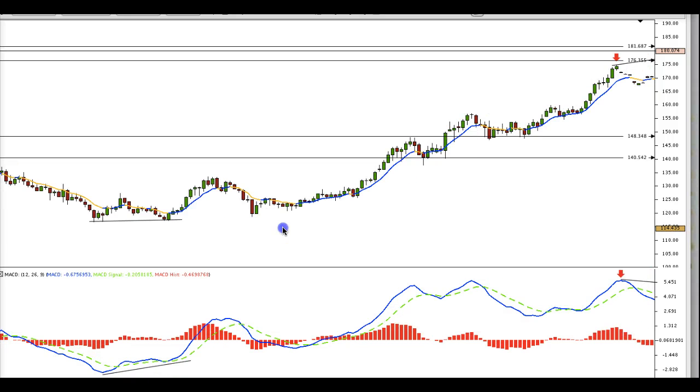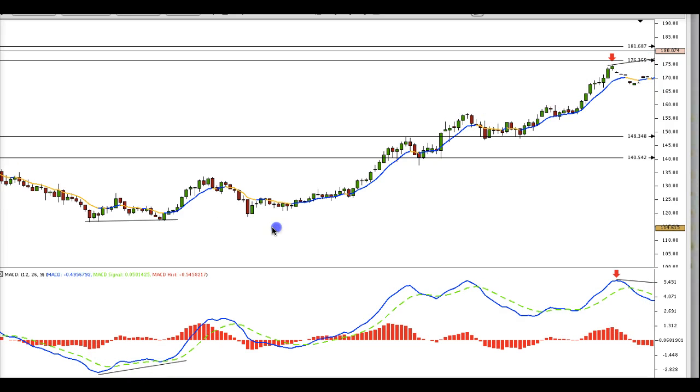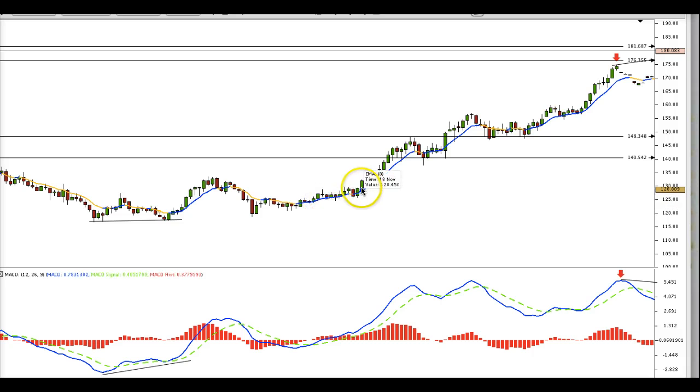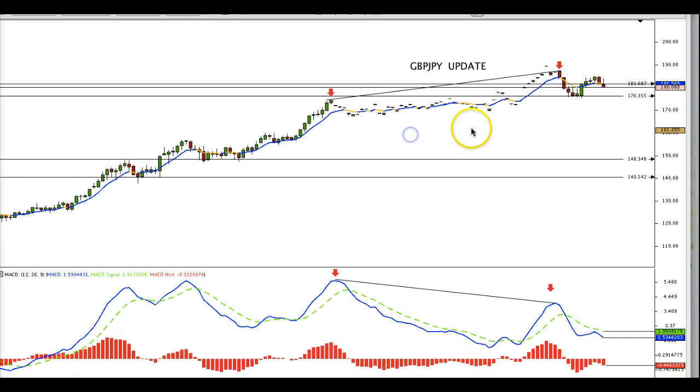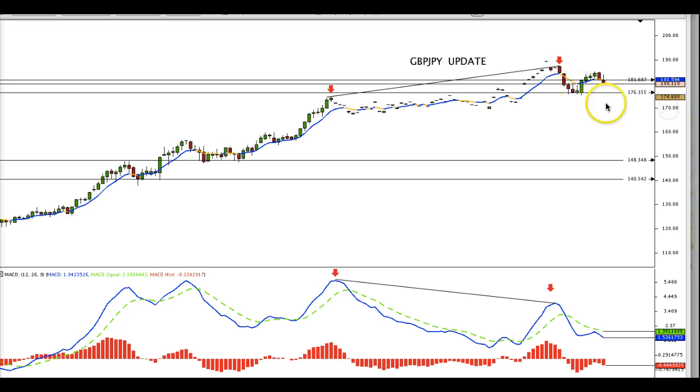Then price came back down to retest the lows. Now look at this run up. It just continued to go up for several months. And that is, as I mentioned last week, exactly what's happening right now, where there's a potential of this pound yen to continue to sell off for the next few weeks.